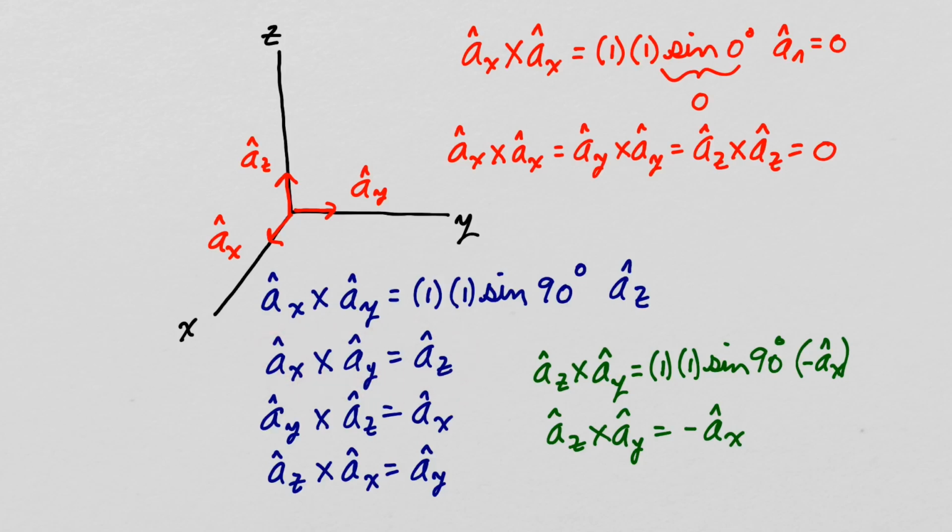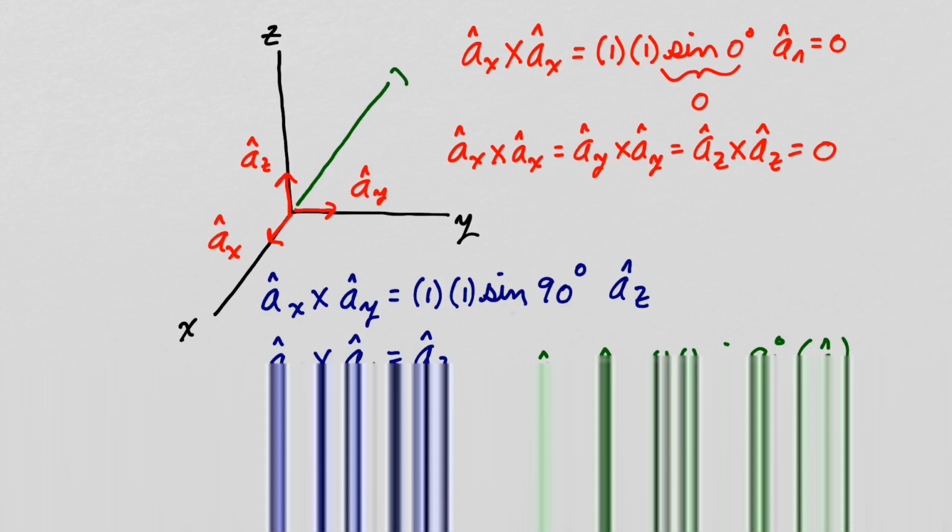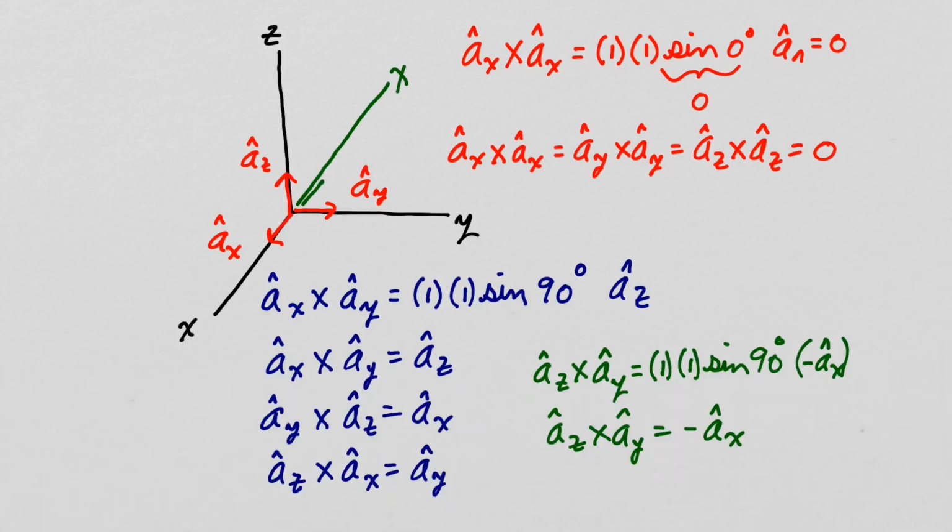If you had instead drawn your positive x-axis like this, then when you took A sub x cross A sub y, you would have gotten minus A sub z. That means you would have drawn a left-hand coordinate system, and you need to always make sure you're drawing right-hand coordinate systems in this course. Otherwise, you're going to end up getting some wrong results.